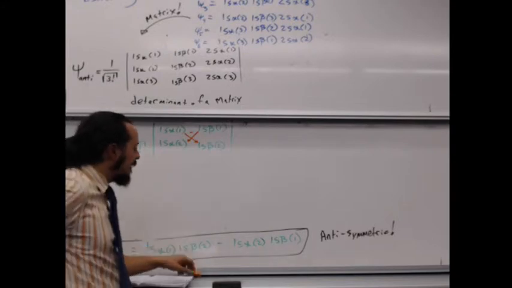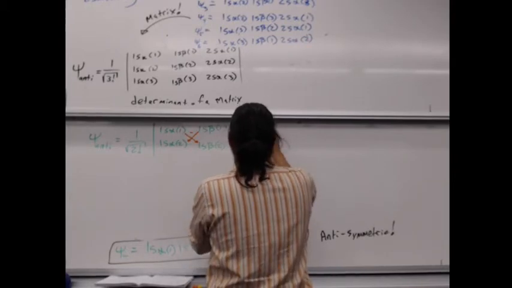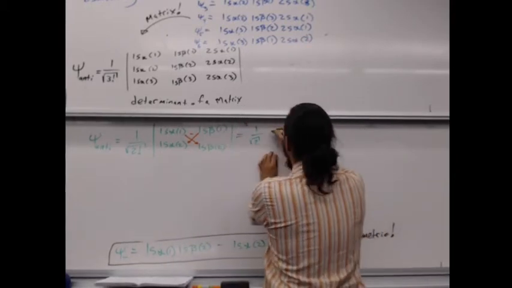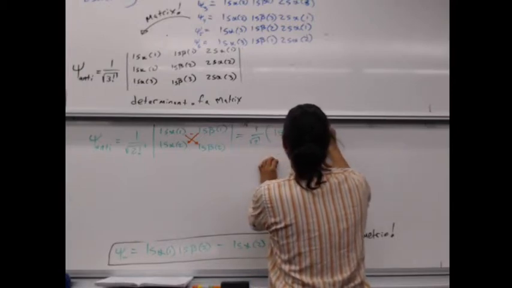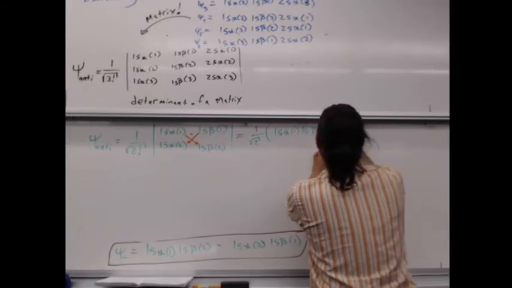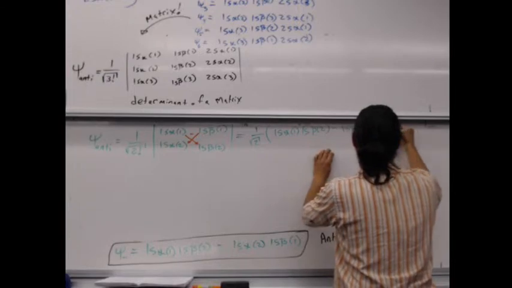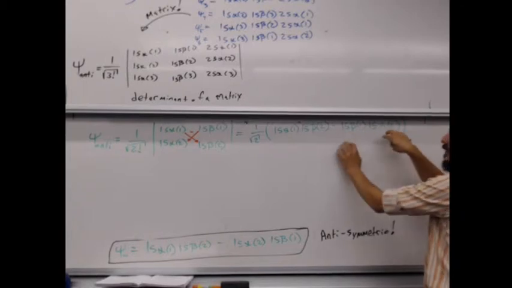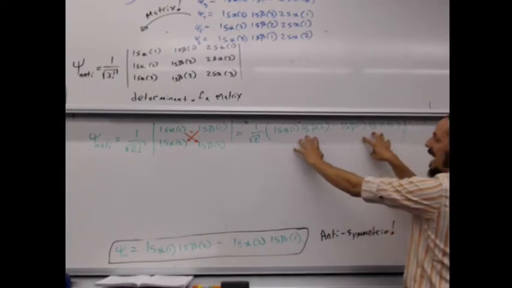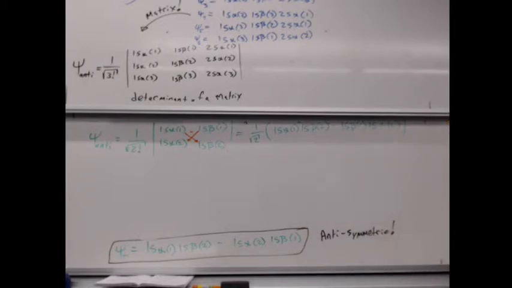So if I take the determinant of this, I'm going to get my normalization factor over root 2, and I'm going to get 1s alpha 1, 1s beta 2, minus 1s beta 1, 1s alpha 2. And after I have this multiplied, I can change the order of these, that doesn't matter. But having the negative and the labels changing, all of that really matters. This gives us our antisymmetric case.